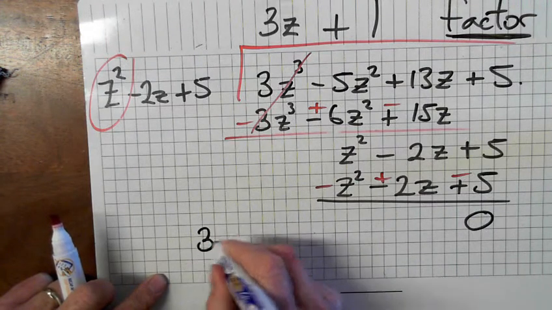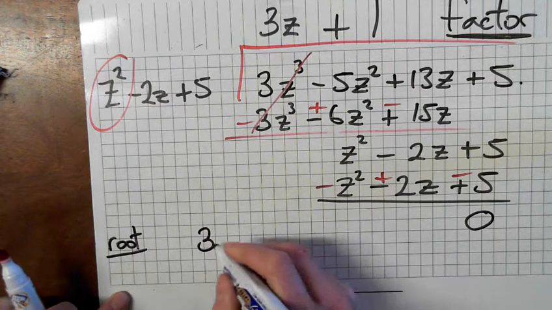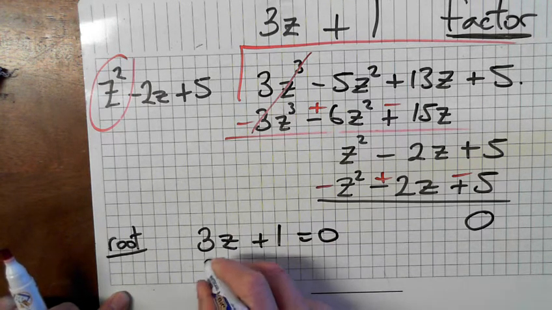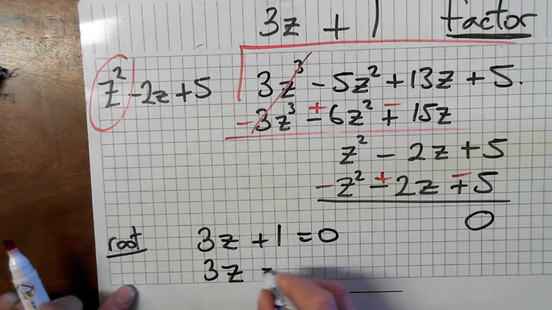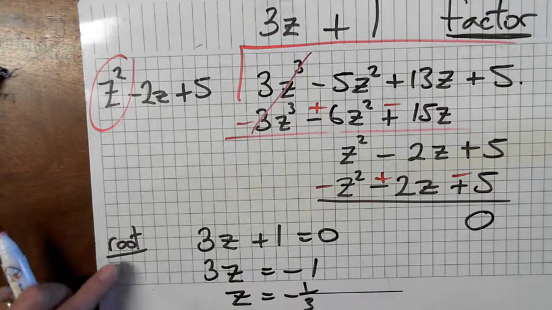So you've got to find the third root. 3z plus 1 is equal to 0. 3z is equal to minus 1. z is equal to minus a third.